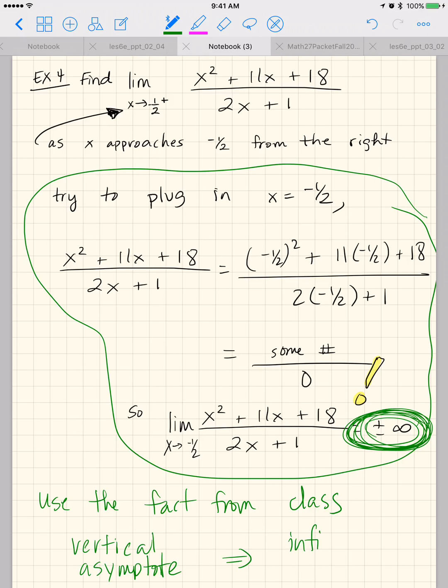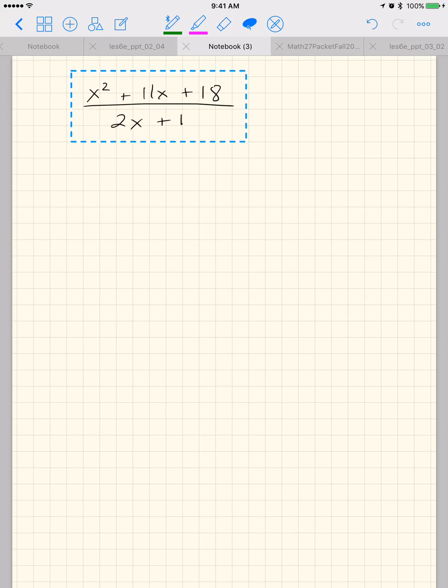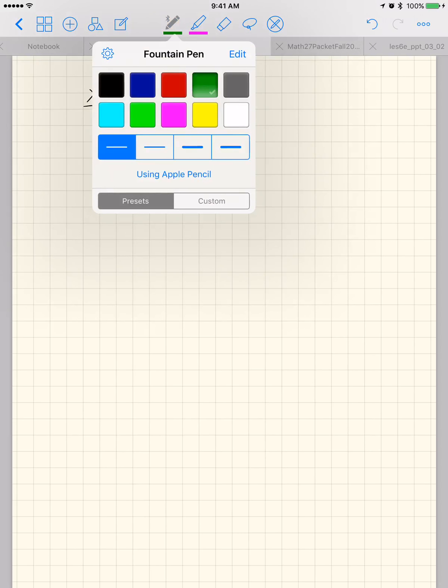Looking at this rational function, I know that I have a vertical asymptote at x equals negative 1/2. Therefore, I have an infinite limit. Either way, however you get to it, it works. Now let's go back to computing.